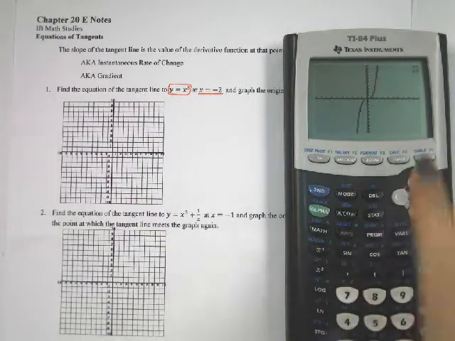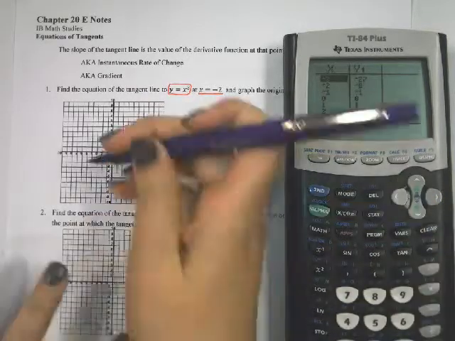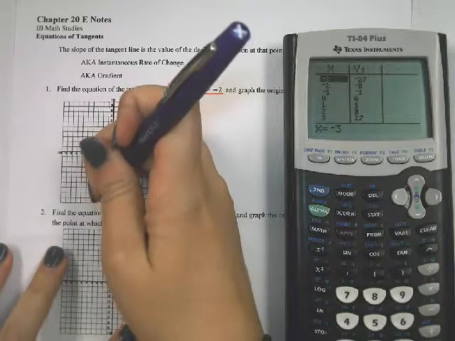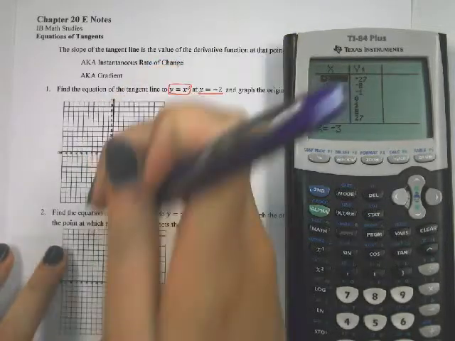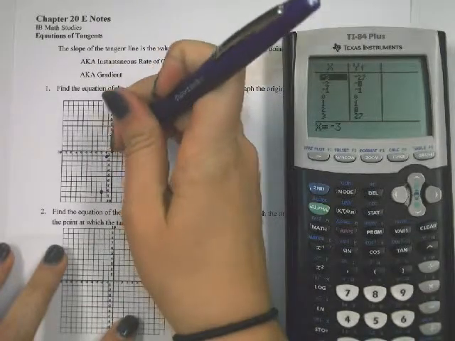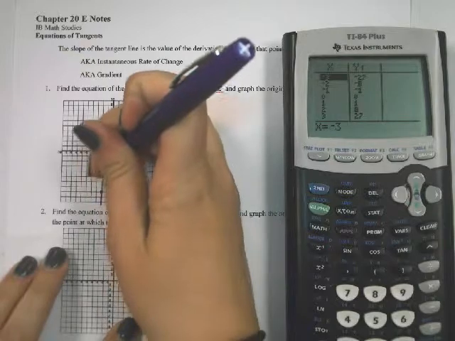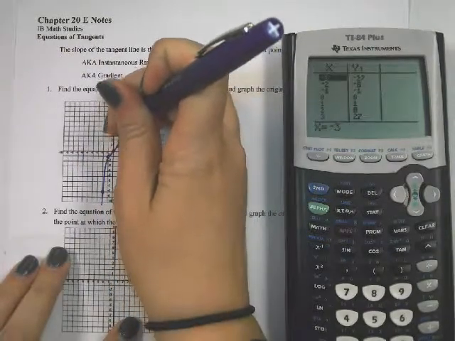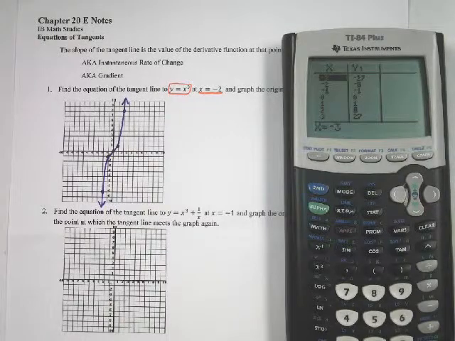So I'm going to plot my x cubed function. -2, -8, -1, -1, 0, 0, 1, 1, 2, 8. So it sort of looks like this.